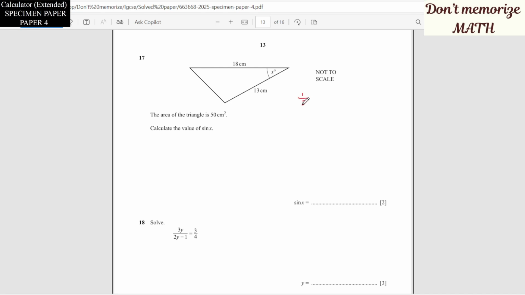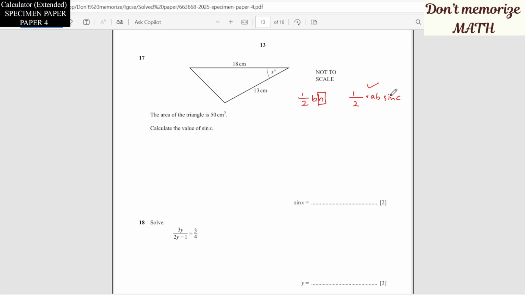The one we studied in the lower class, that is half BH, and we have one more formula, half AB sin C. Half BH we use normally if we have the height and base given. Here they haven't given height or base, so you can use the other formula, because the question is to find the angle.